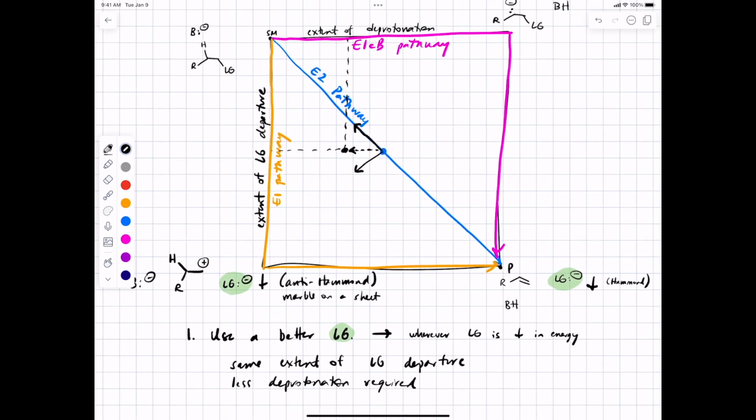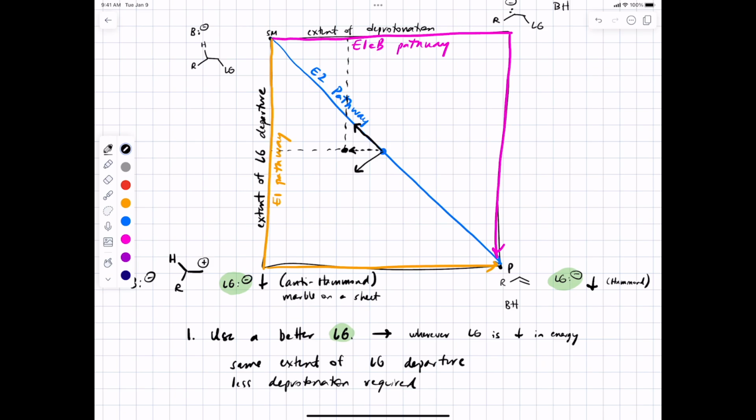You would think that if you use a better leaving group, then in the transition state the leaving group should be more left, more gone. But it turns out that the way you see a better leaving group in the kinetics is that you don't have to deprotonate as much for it to leave. A better leaving group moves us a little more in the E1 direction for our transition state.